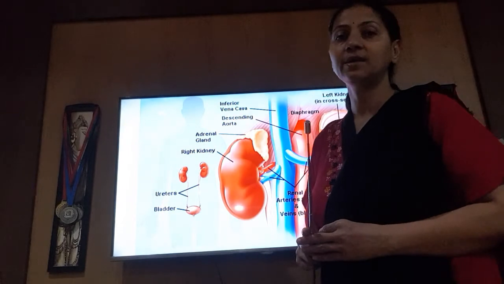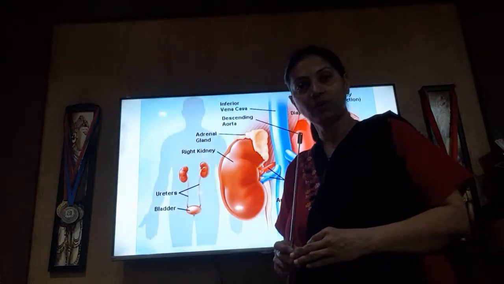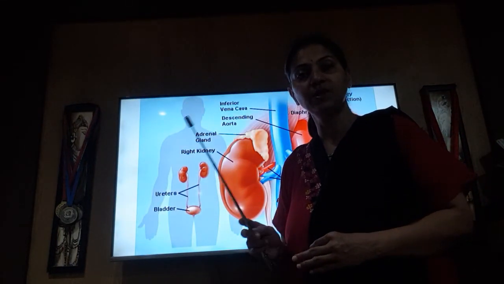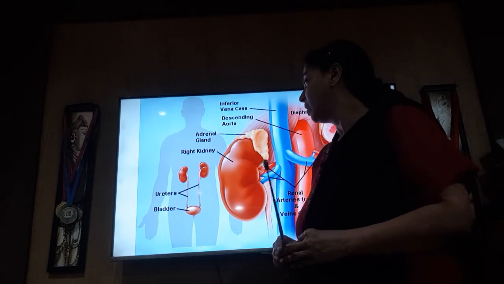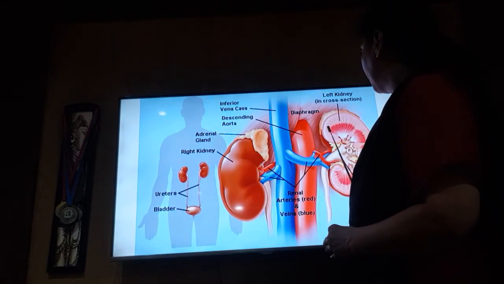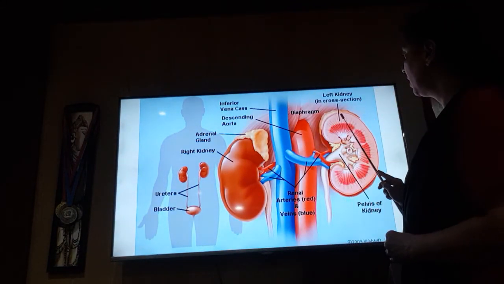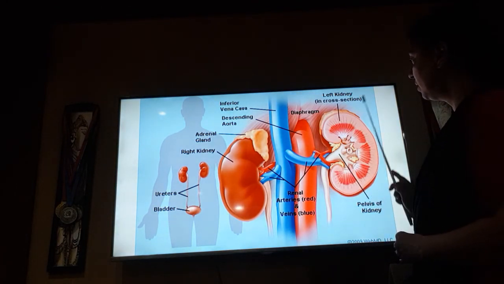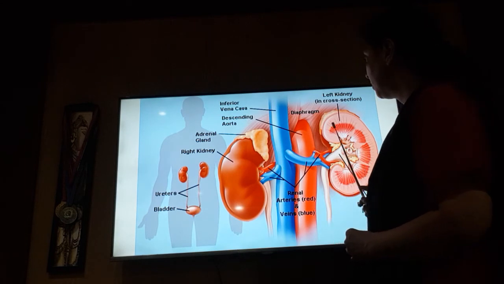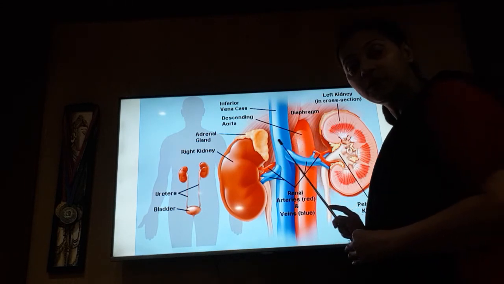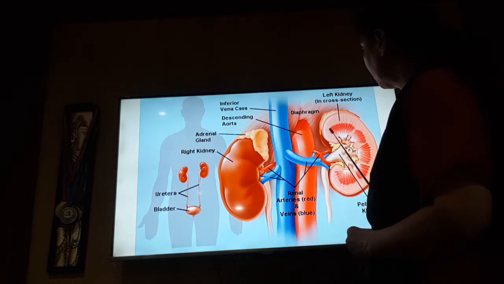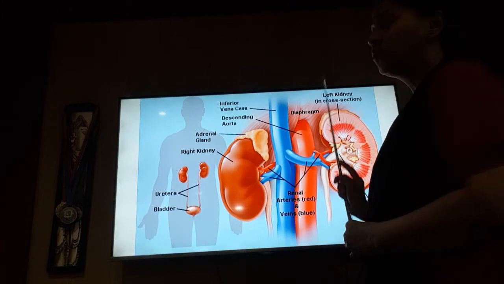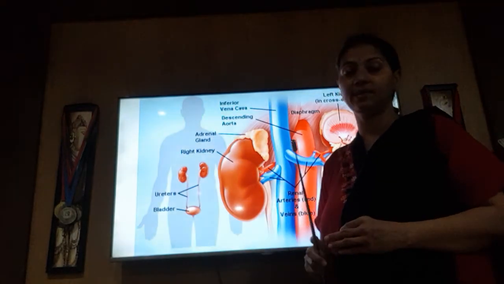What are the 3 layers? Ectoderm, endoderm, and in between mesoderm. So the mesoderm gives rise to the nephron, that means the Bowman's capsule, PCT, loop of Henle, DCT.